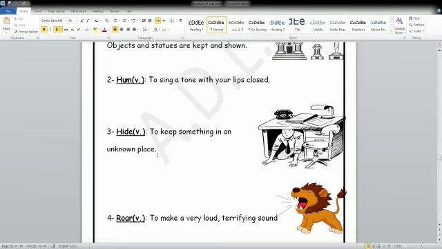Next, we have the verb hide, to keep something in an unknown place, unknown means no one can find it or know it. For example, children can easily hide in small places while playing hide and seek. Here he is hiding under the table or the desk.